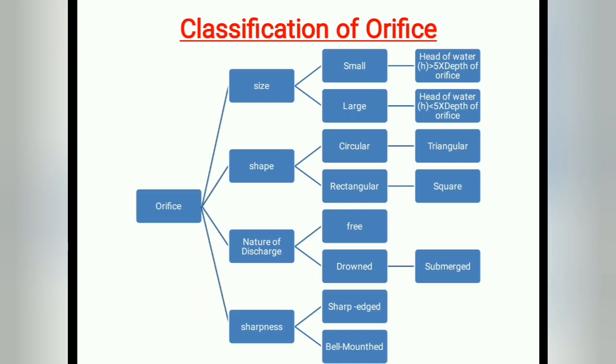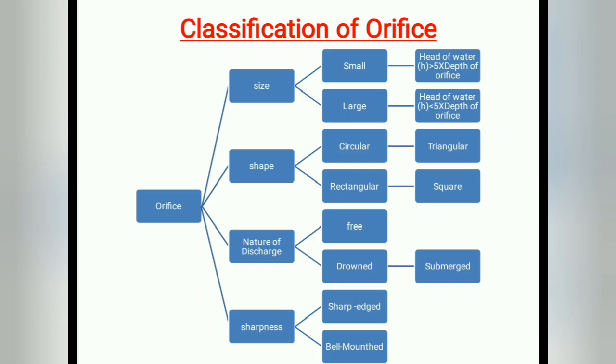In the small size, the hole is small. And by shape, we can have circular, triangular, rectangular, and square holes. So this is the classification according to size and shape of the holes.